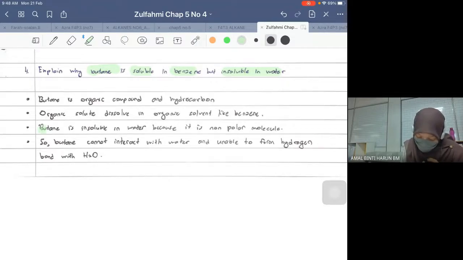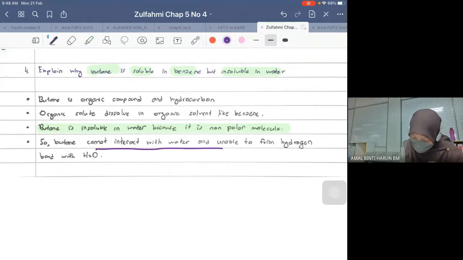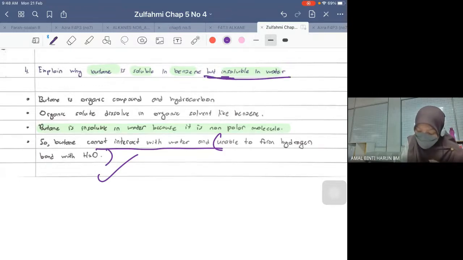Butane is insoluble in water because it's non-polar molecule. Okay. Cannot interact with water. So, unable to form hydrogen bond with water.